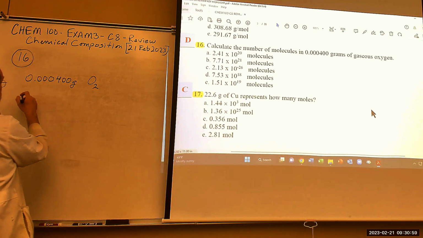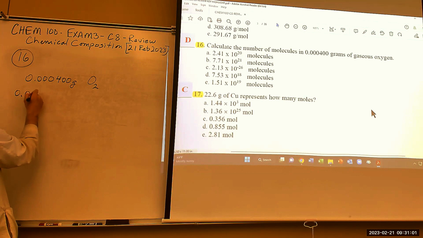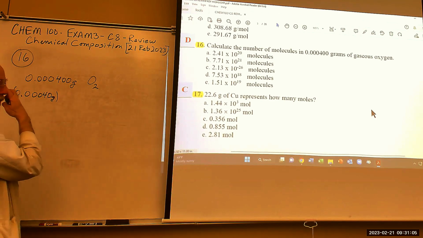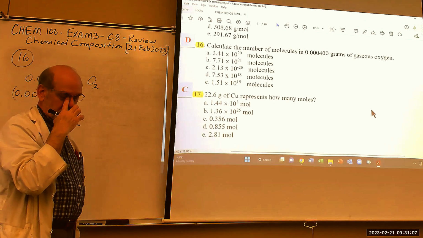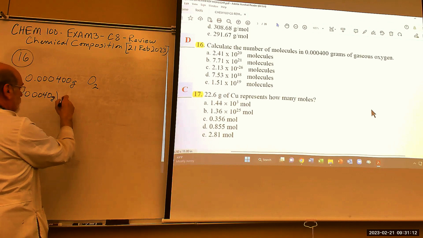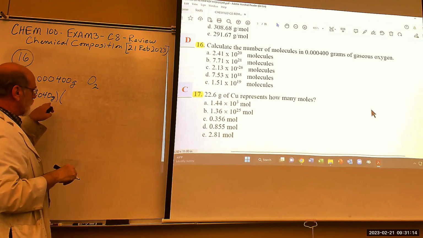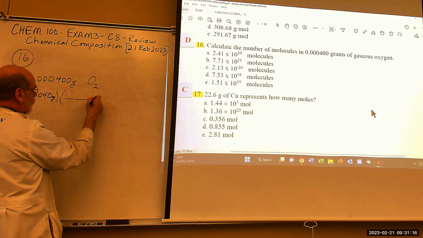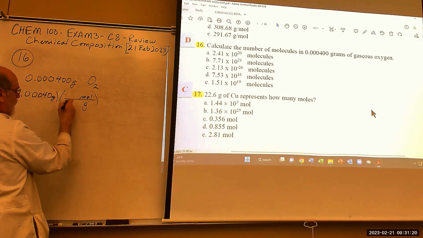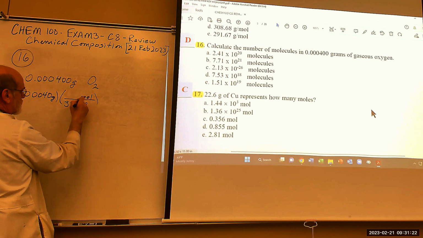So if we have this many grams, we want to know molecules. We can't go straight from grams to molecules. We have to go to moles first. And the molar mass of that oxygen is this.